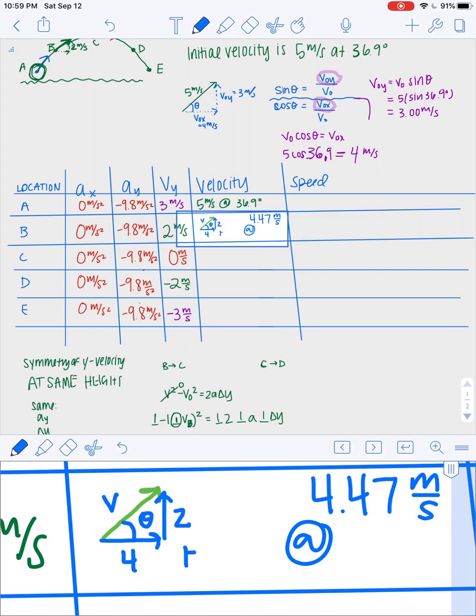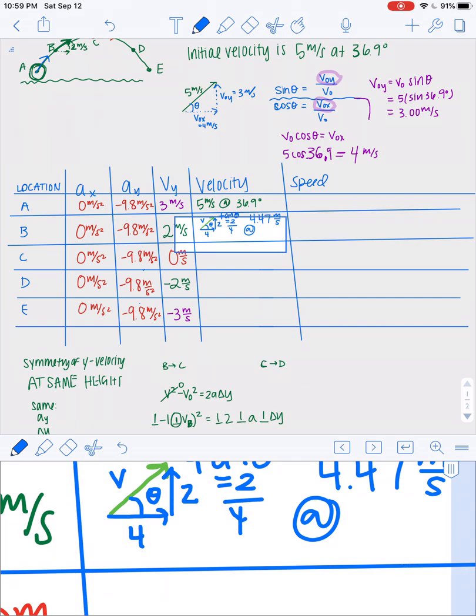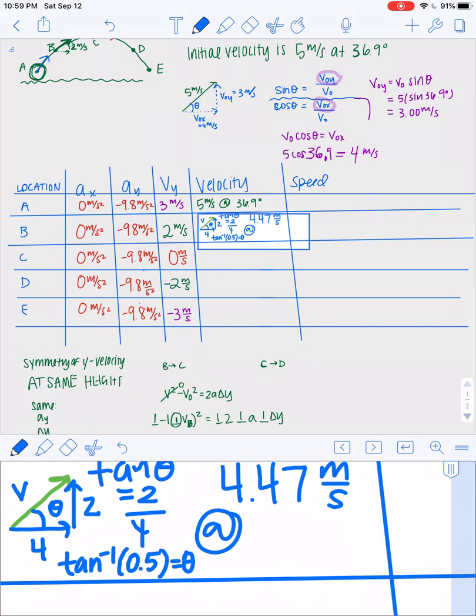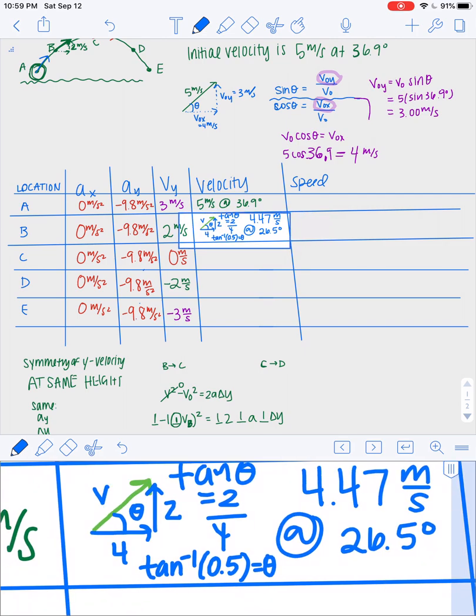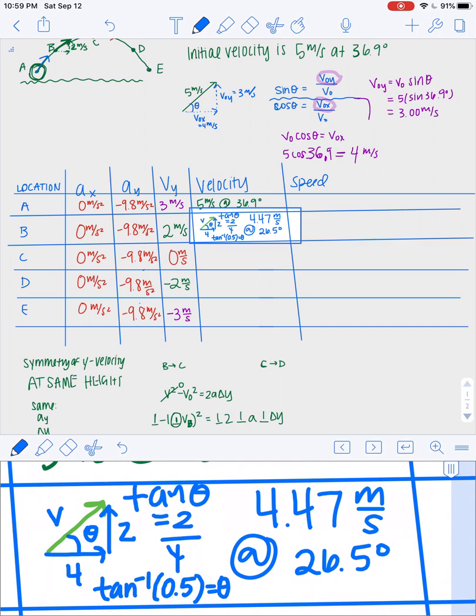So tangent of theta is opposite over adjacent. In this case, that would be 2 over 4. So we'll have to do the inverse tangent of 0.5 to get theta, which ends up being about 26.5 degrees. And it should be a positive angle because it is above the horizontal.